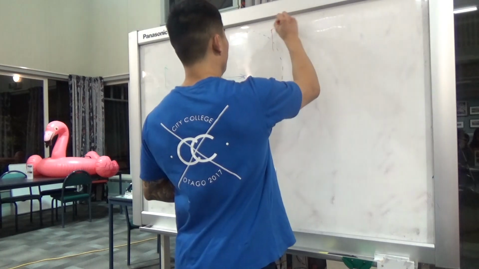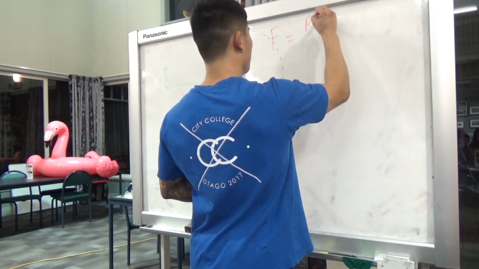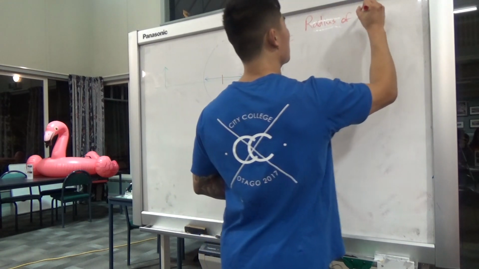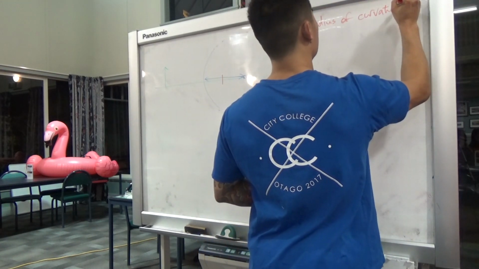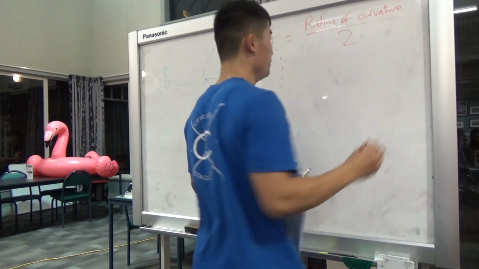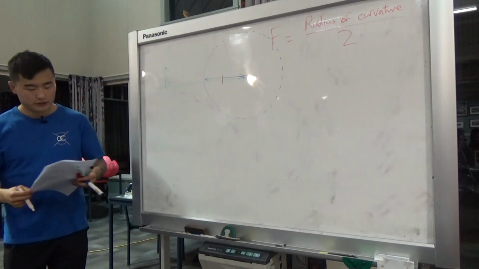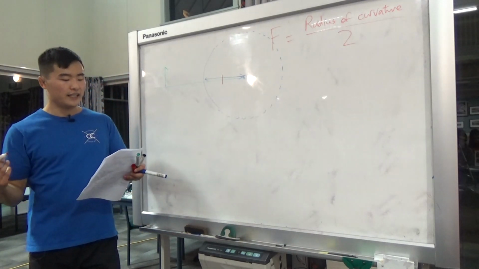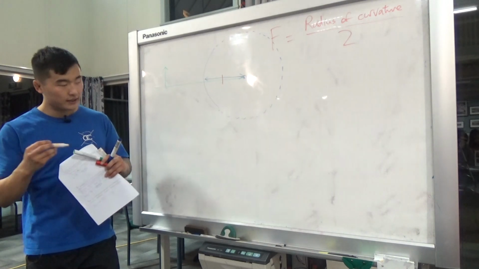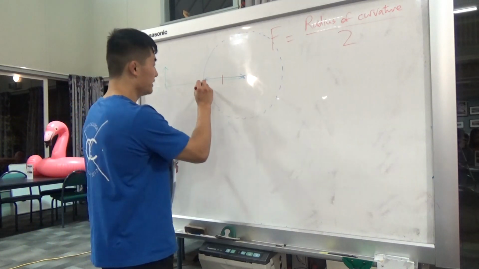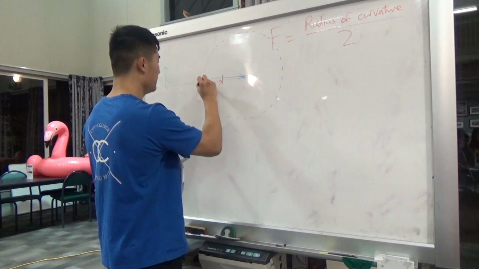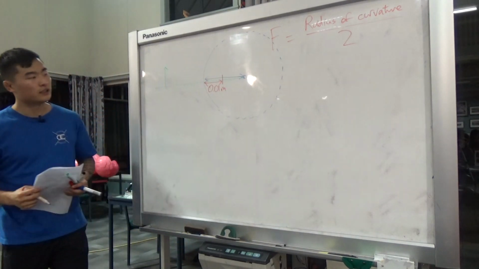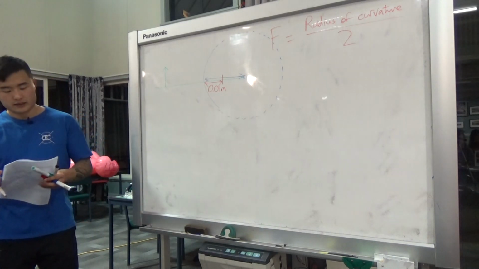So the focal length is equal to the radius of curvature divided by 2. What we're told is that the radius of curvature is 2 centimeters, so the focal length must be 1 centimeter. So this distance here is 0.01 meters, and that's going to be your focal length.